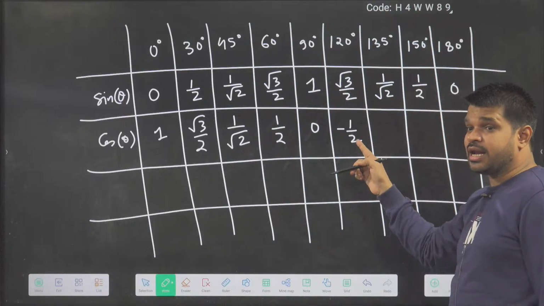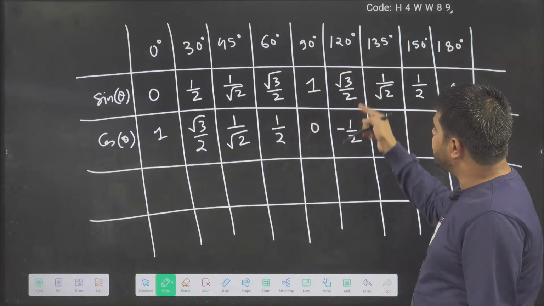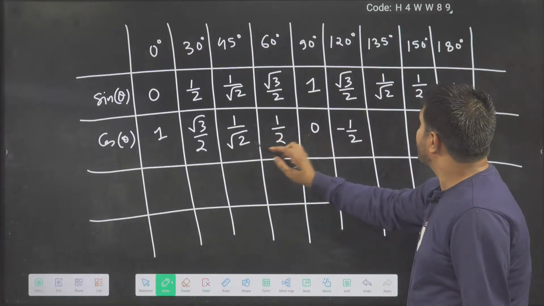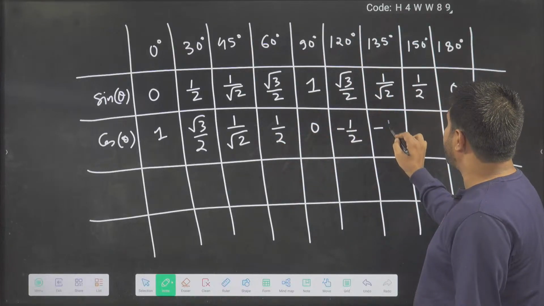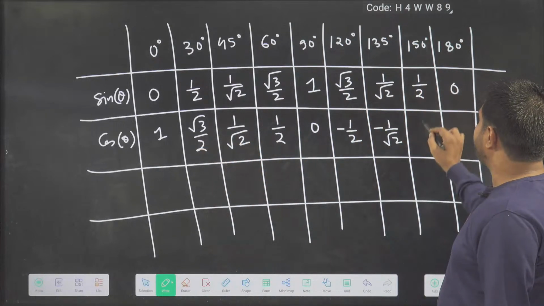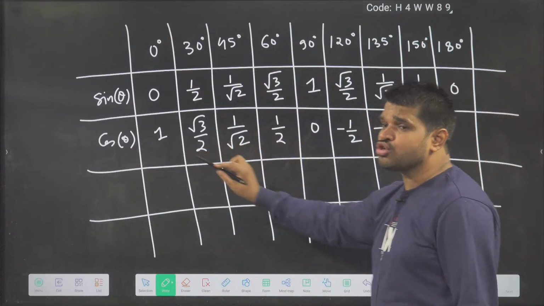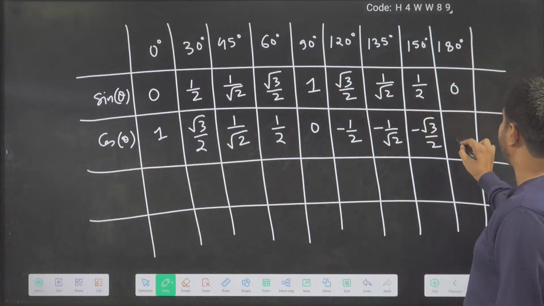Remember, here I am using minus, so be aware. Cos 120 degrees minus 1 by 2, cos 135 is minus 1 by root 2, cos 150 degrees minus root 3 by 2, and cos of 180 degree is minus 1.